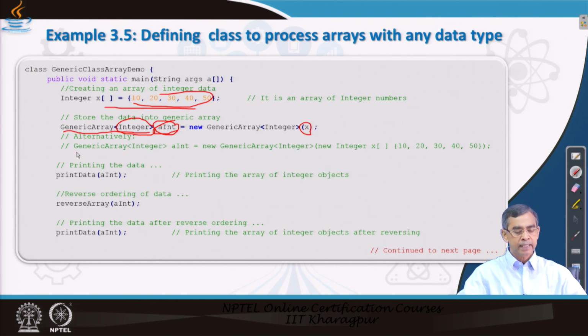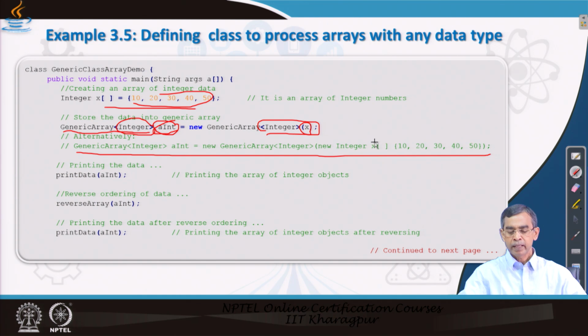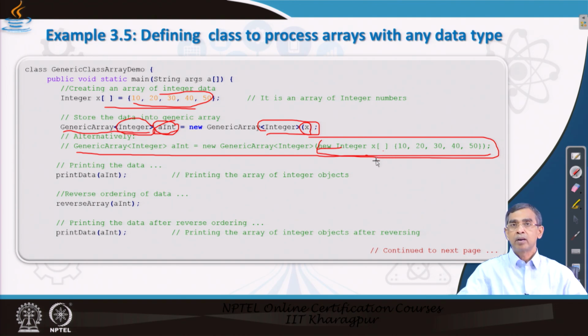Alternatively, this is another syntax you can use at the same time. Here we can see the integer array has been passed using this concept. Here, using this array instantiation created by new, in this case this is not required. So, if we do not want it, you can do it in the same object declaration, or else this one can be done.